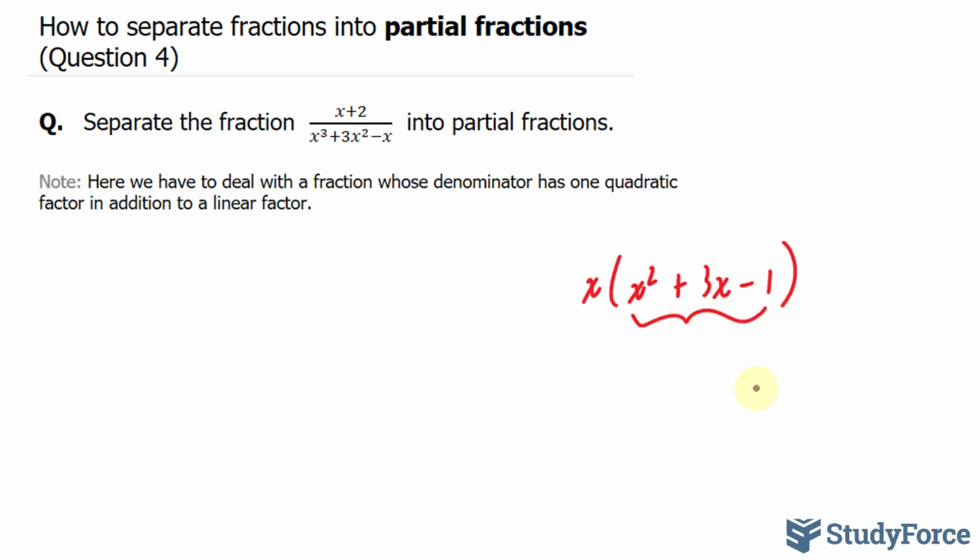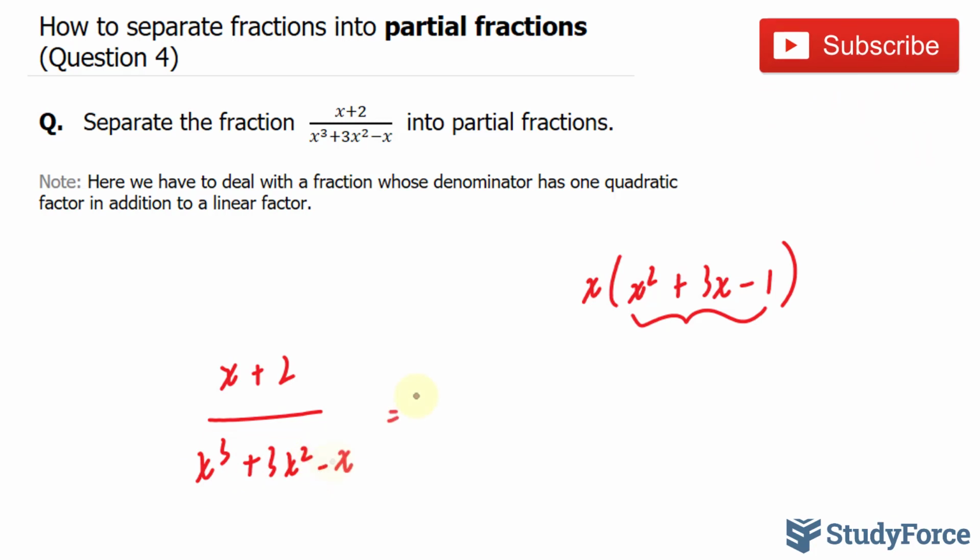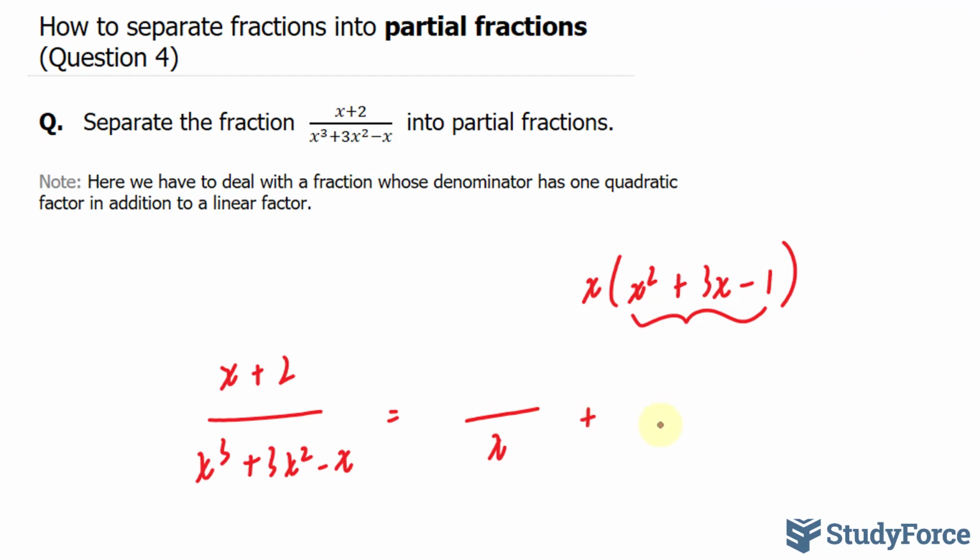When it comes to making partial fractions, you have to rewrite your function in terms of its factors. And for each factor that you have, you'll create a fraction from that. So we have x as our denominator for our first fraction, and for our second fraction it has to be x squared plus 3x minus 1.